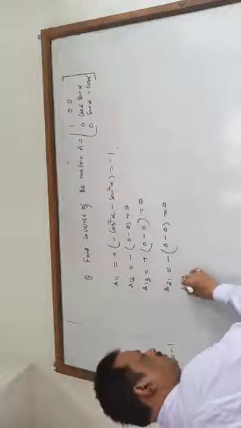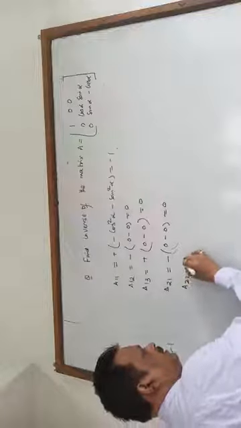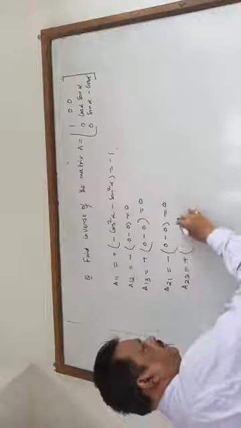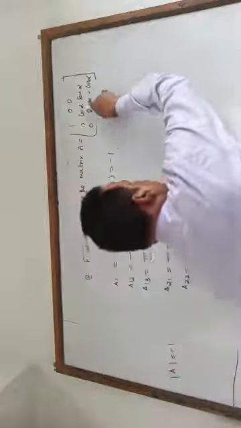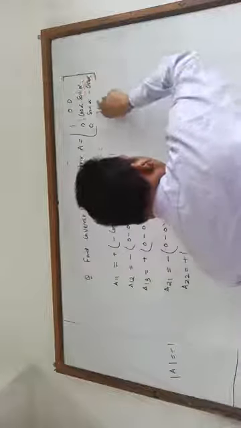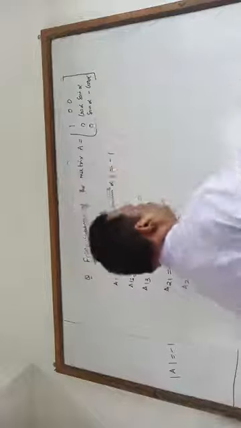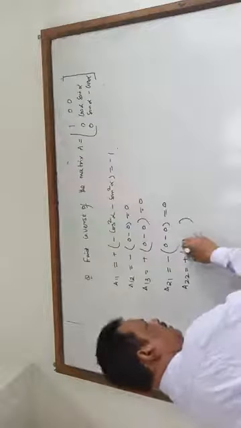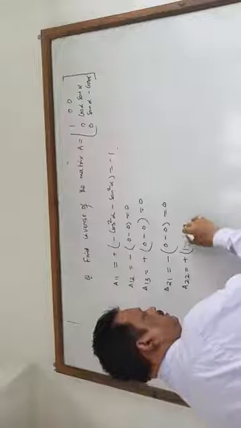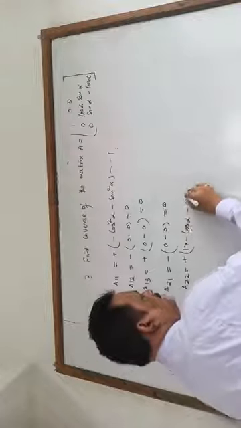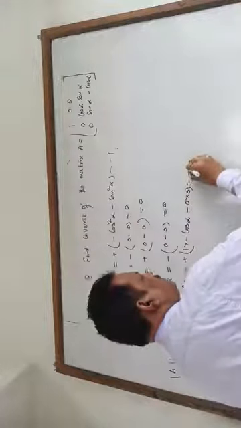A22, that is plus sign. 2 2 means this place. You have to forget these two lines. So 1 into minus cos alpha minus 0 into 0, that is minus cos alpha.